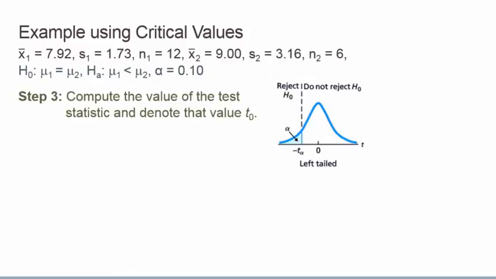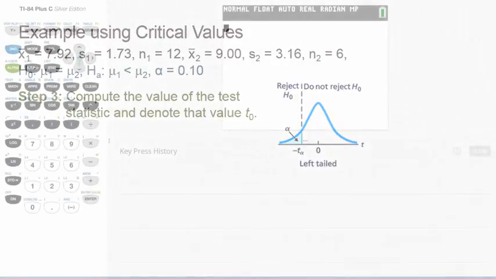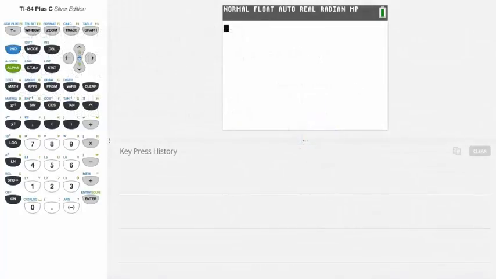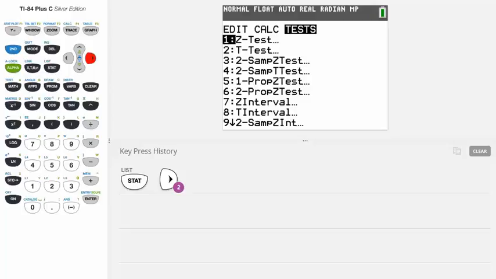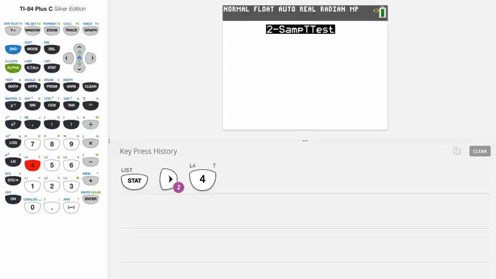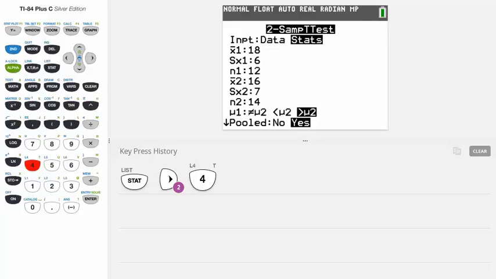Step 3, compute the value of the test statistic and denote that value t sub 0. We want to go to our calculator. Stat, over to Tests. We want number 4, 2-sample t-test. We have statistics.